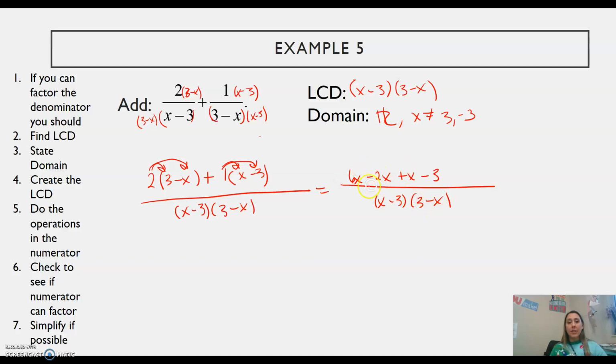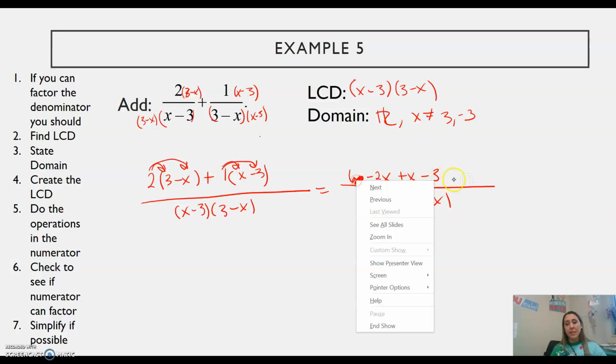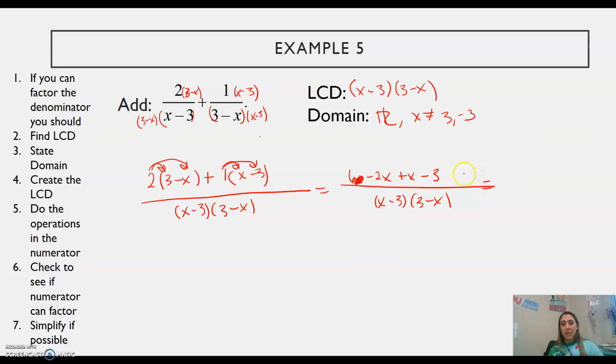Now we need to combine our like terms. So we've got a bunch of x's. Oh, whoops, this is not 6x, this is just 6. So then we have 6 minus 3, which is 3. Negative 2 plus x is negative 1, all over x minus 3 times 3 minus x.